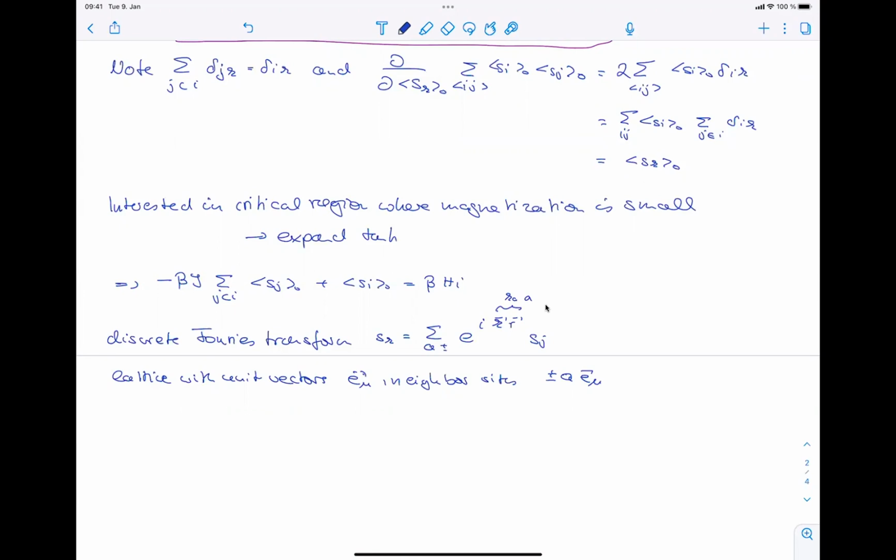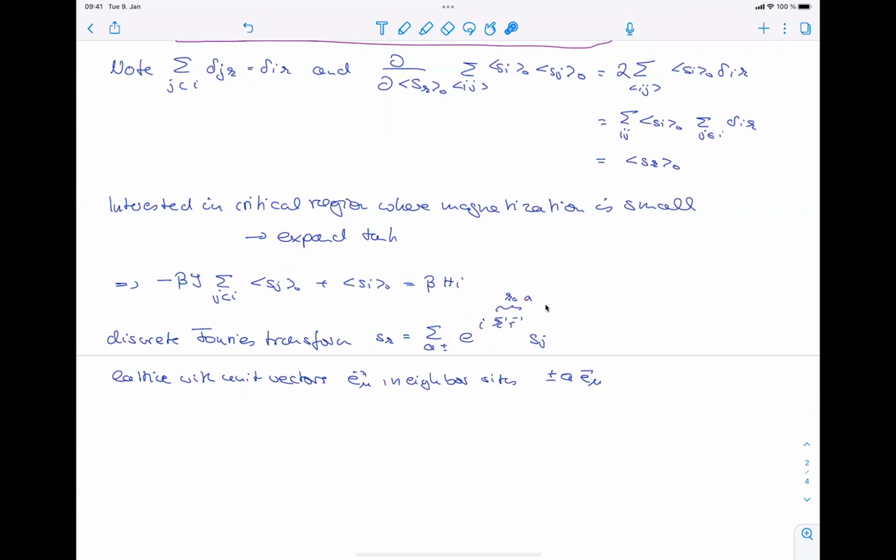And in principle, I can have neighbors to the left and to the right. That's why I have the plus sign and the minus sign. And if I lump this in and sum over plus and minus, I get a change of sign here that gives me e to the plus i ka plus e to the minus i ka.